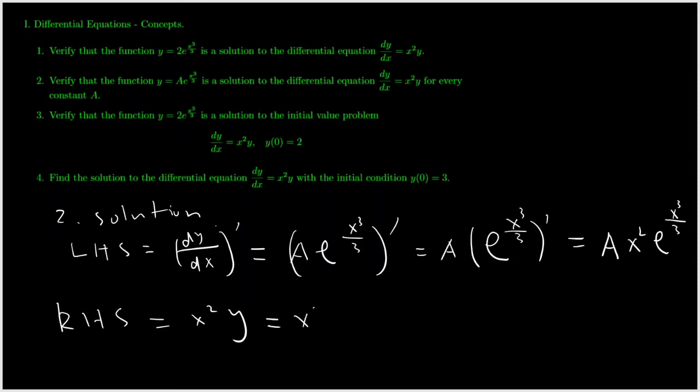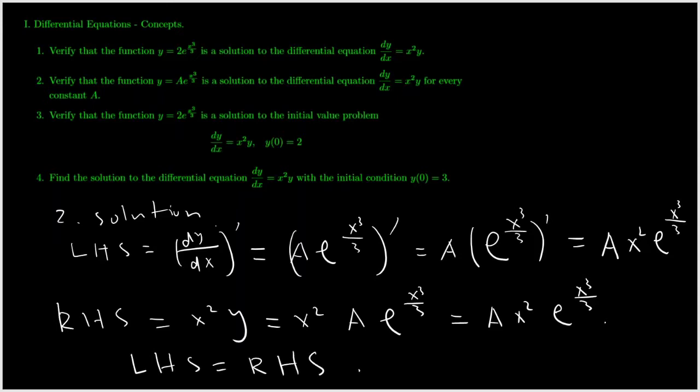You have x squared, and then you replace y with a times e to the power of x cubed over 3. You have a times x squared times e to the power of x cubed over 3. So you see the left hand side is the same as the right hand side. We verified.